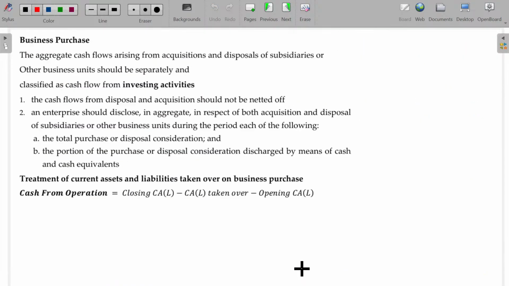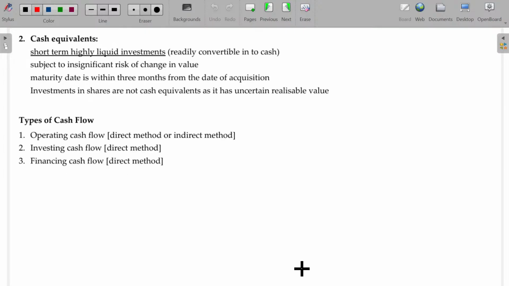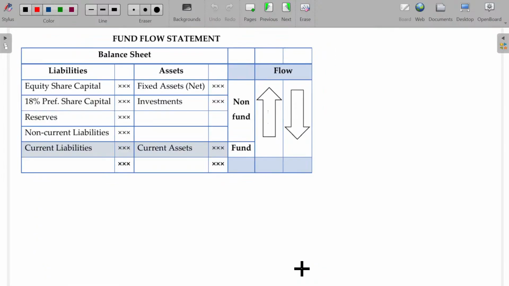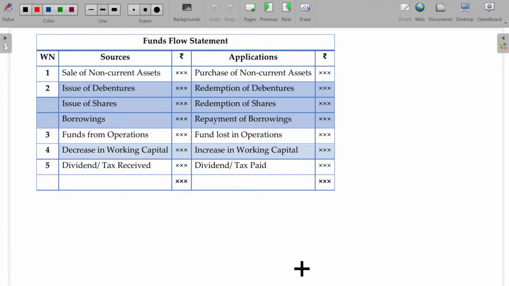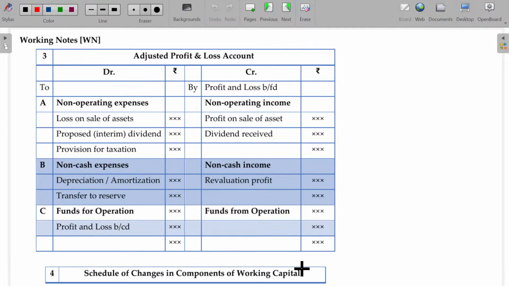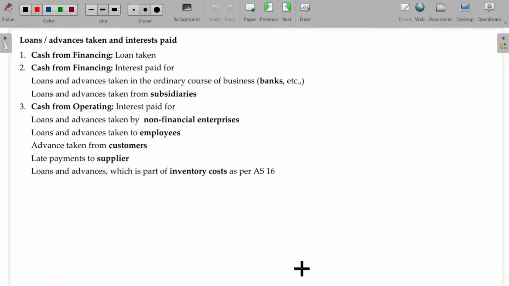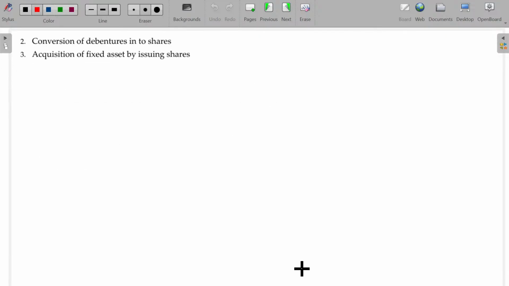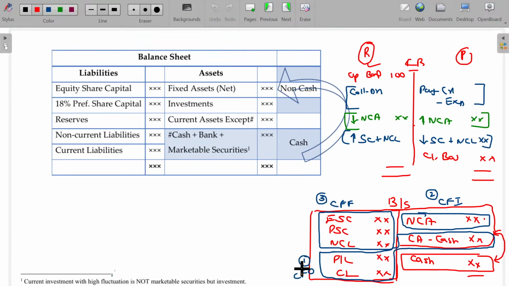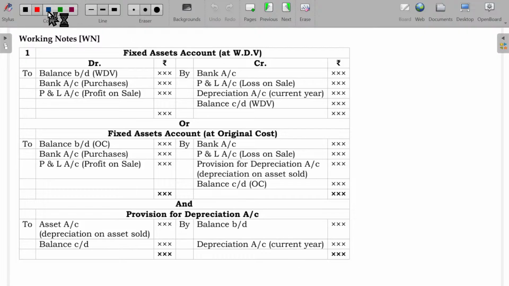See, it is better to have knowledge about all the assets and liabilities accounts here. You need to understand how the fixed assets account should look. An asset always has a debit balance in the beginning and a credit balance in the end.